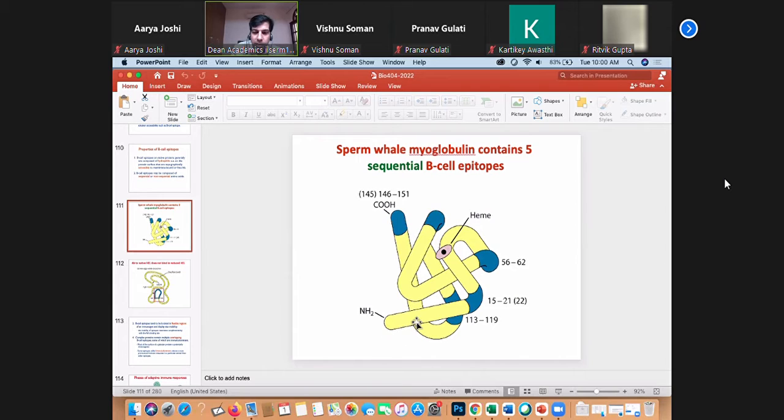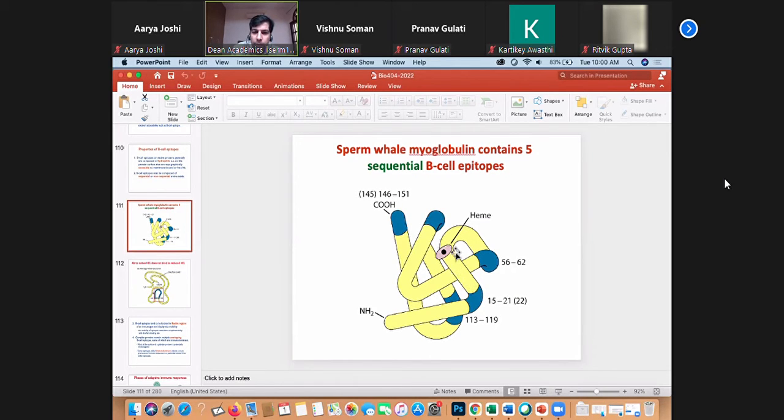Okay, if you look at the N terminus and C terminus of this globulin of whale sperm, you have, for example, one epitope which is concentrated here, 15 to 21.